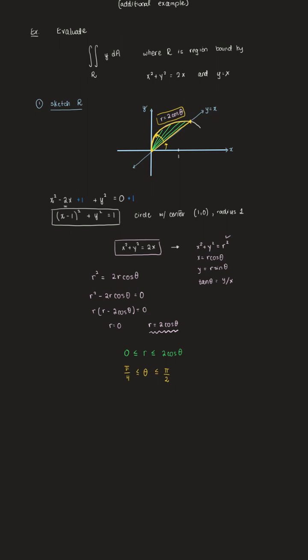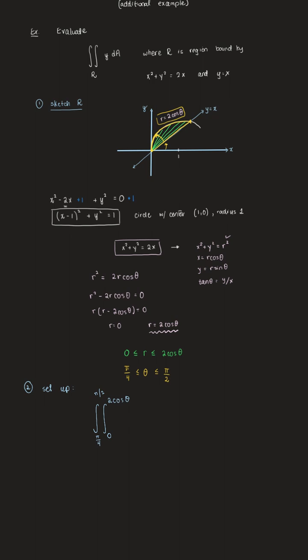We found the bounds for our integral. Let's set up our double integral to find the volume of the function given. We need to put r as our inner integral because r is a function of theta. And theta is going to be on the outside from pi over 4 to pi over 2, because we always want our outer integral to be between two constants.